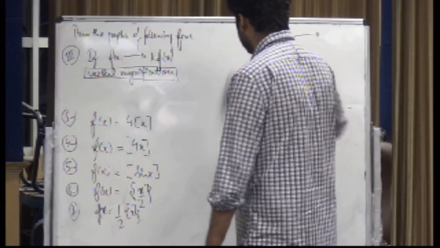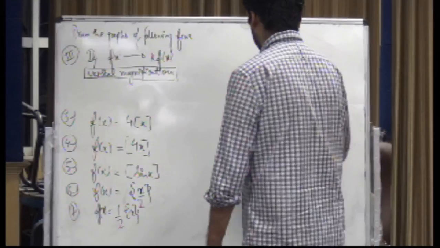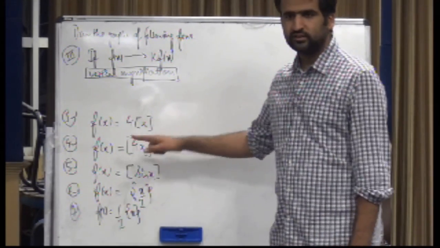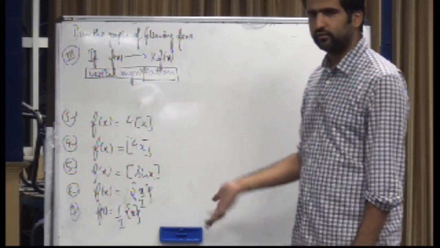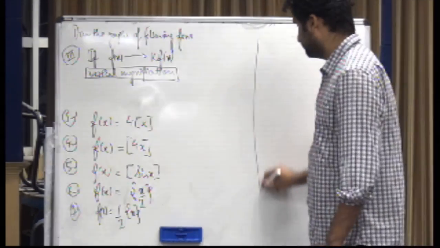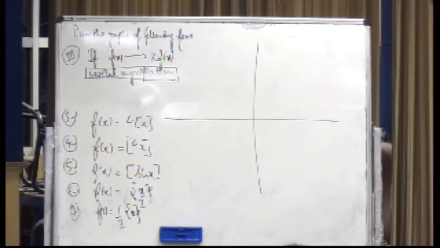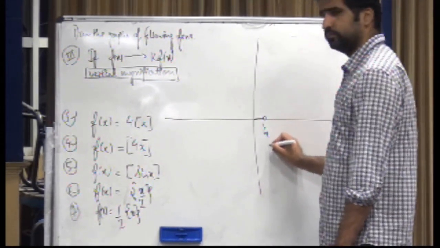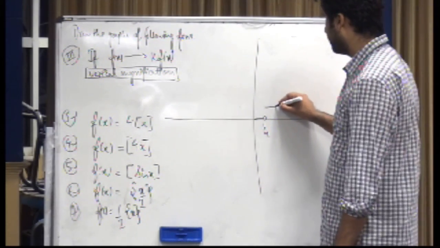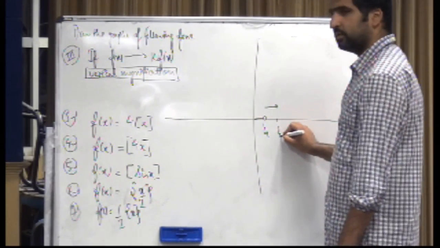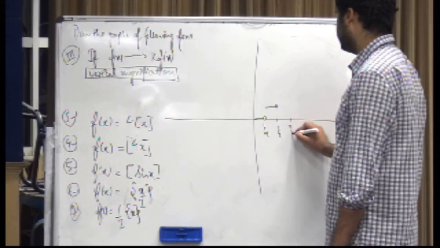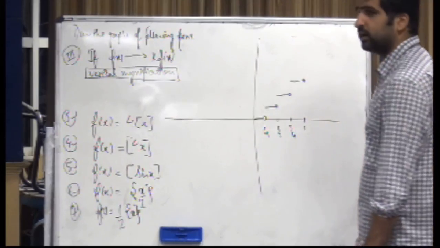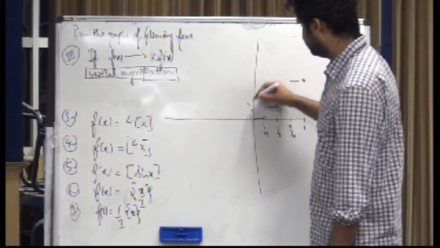So look, the greatest integer function, the difference arises in the values when this value shifts from 0 to 1 and 1 to 2 and 2 to 3 and so on, right? So this value becomes 1 at x is equal to 1/4, then at x is equal to 1/2 it becomes 2, then at 3/4 it becomes 3, then at x is equal to 1 it becomes 4, right?